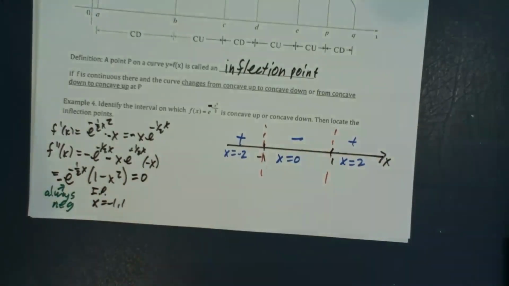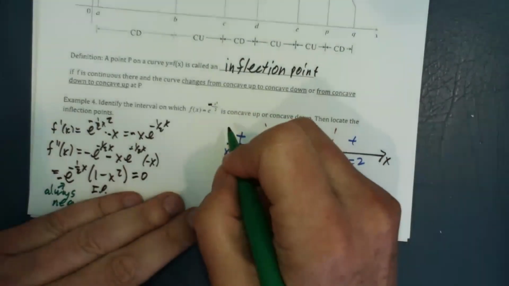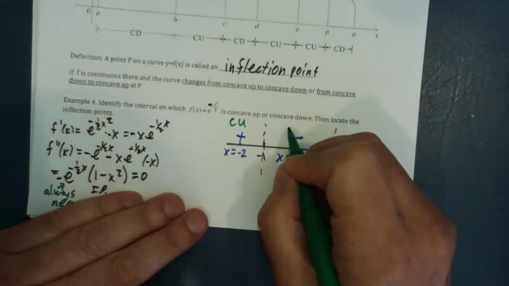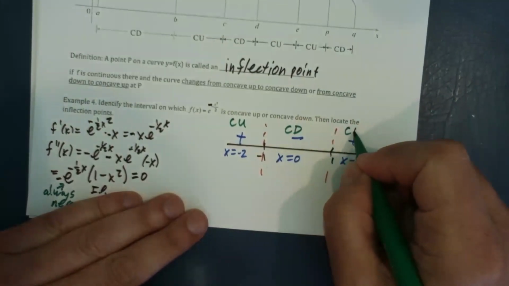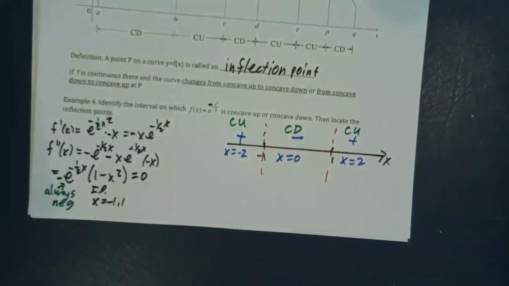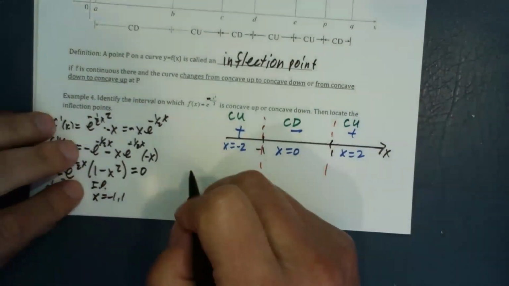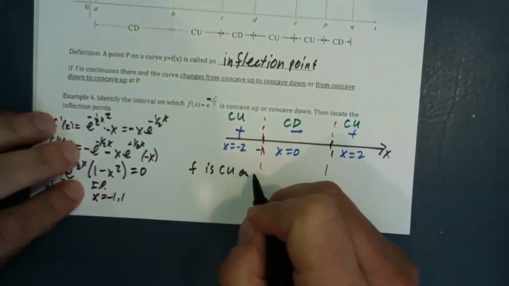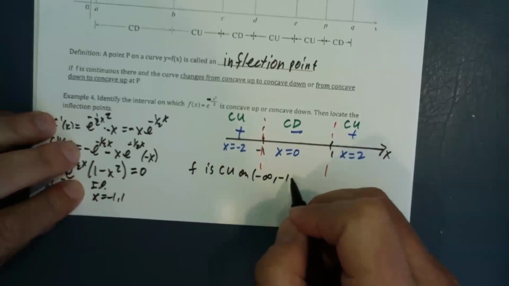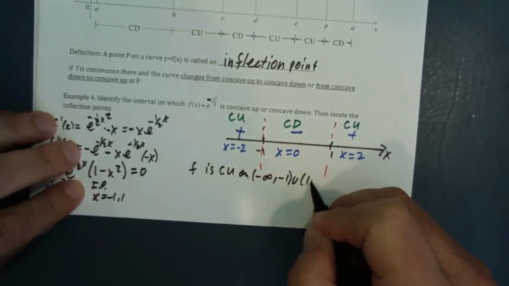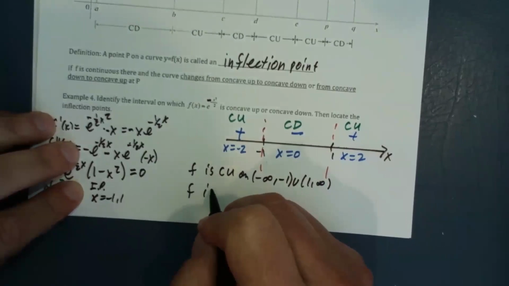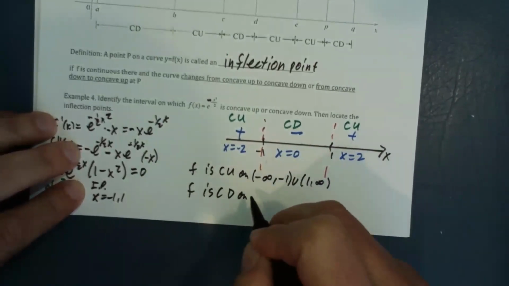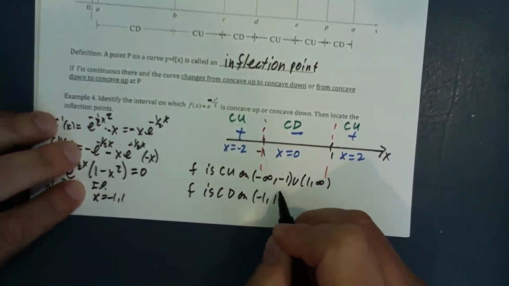So what that is telling us is that here it's concave upward, here it's concave downward, and here it's concave upward again. So our answer is: f is concave upward on the interval negative infinity to negative 1 and 1 to infinity, and f is concave downward on negative 1 to 1.